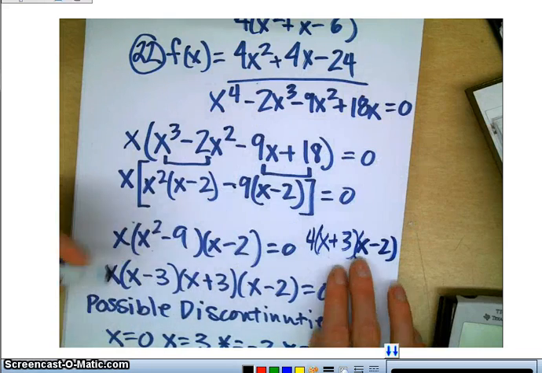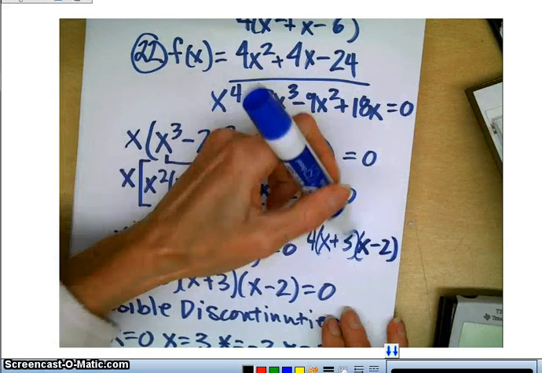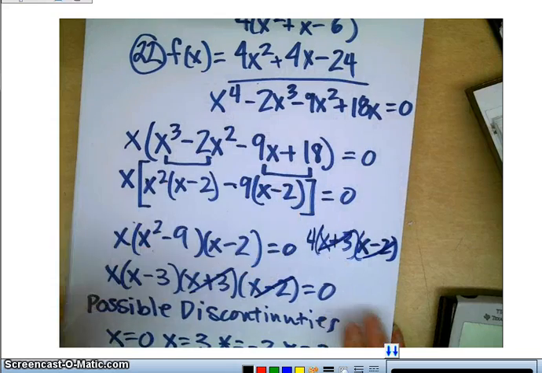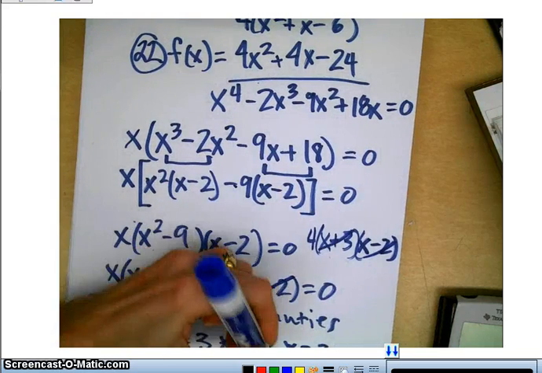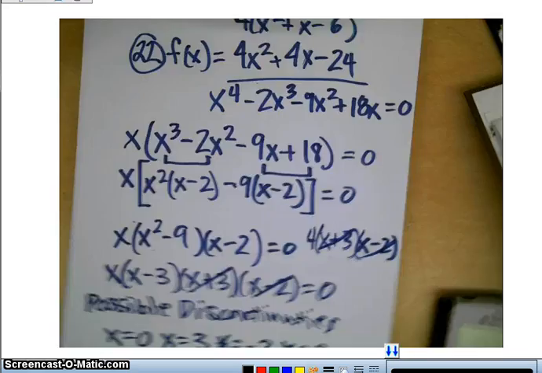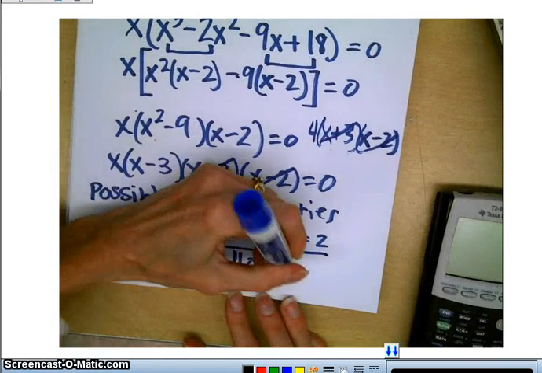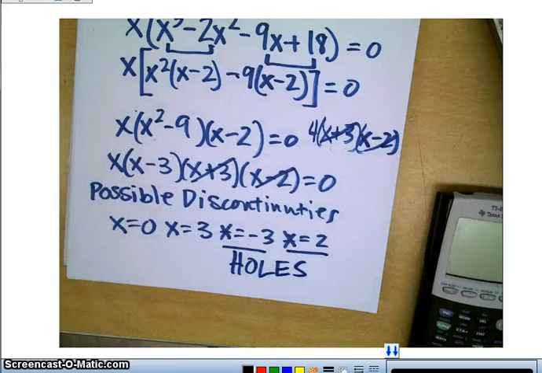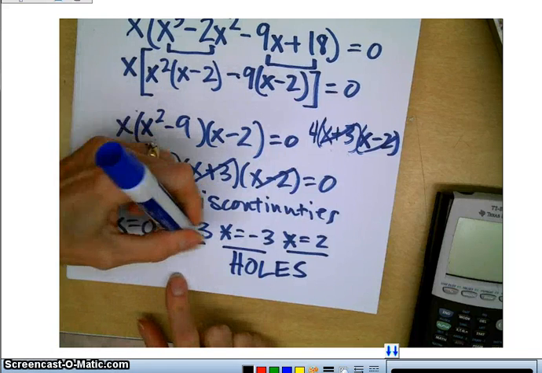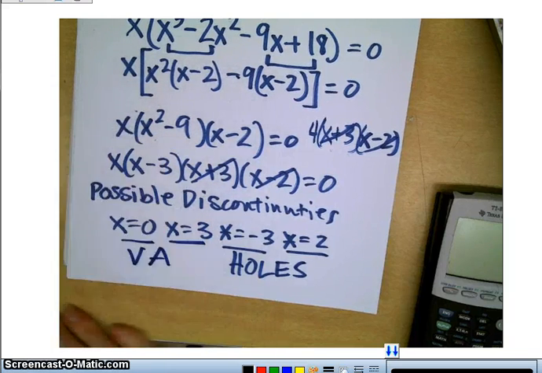Does that cancel with any of those? Yeah. So these cancel, these cancel. So what are these two things? Those two things are holes because they canceled, which means it's going to the same number from both sides. And these two are going to be vertical asymptotes.